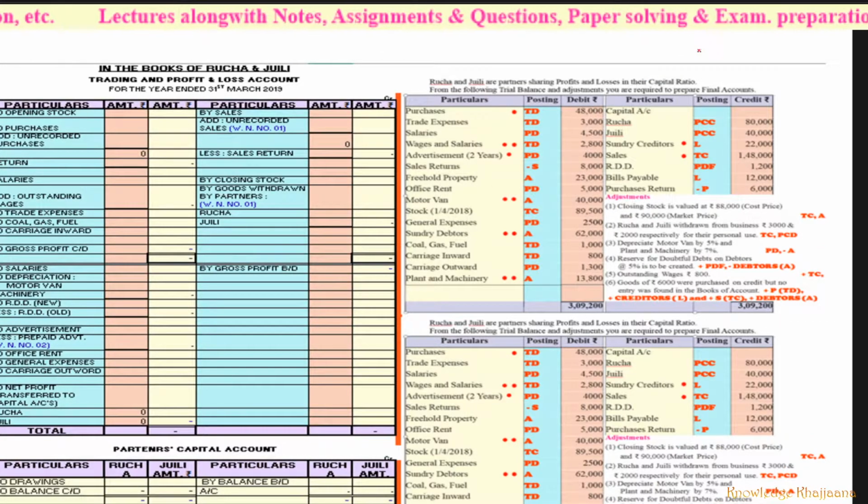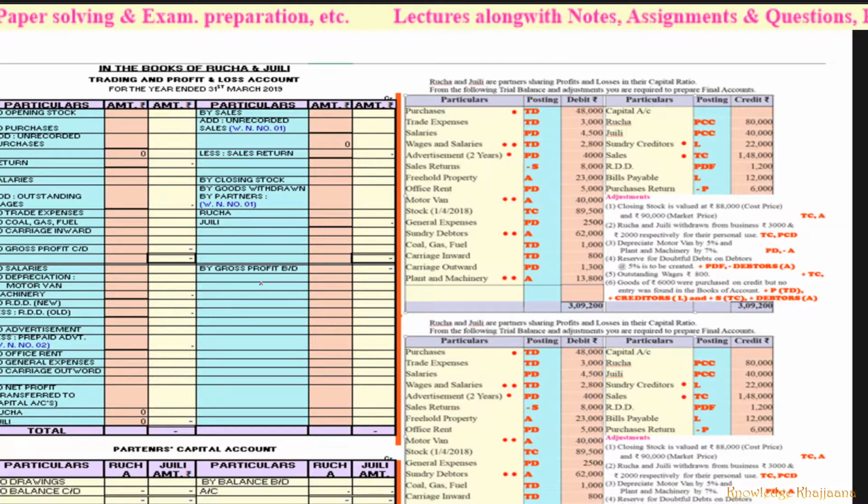You were supposed to draw the ruling in the books of Ruchi and Julie: trading and profit and loss account for the year ended 31st March 2019. Trading account: two columns for the amount on the debit side, two columns for the amount on the credit side. Then make a marking for the trading account.